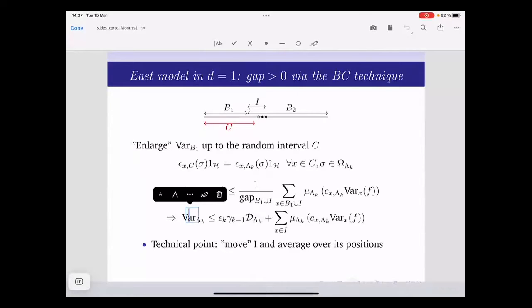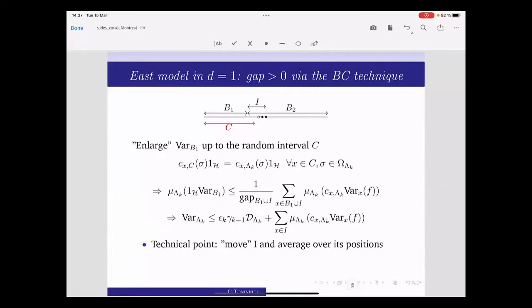With the spectral gap on the smaller scale. See that, okay, there are some adjustments to be made because B1 and B2 are on scale k-1, but the random volume C is a little bit larger, but it's just a matter of technicalities.